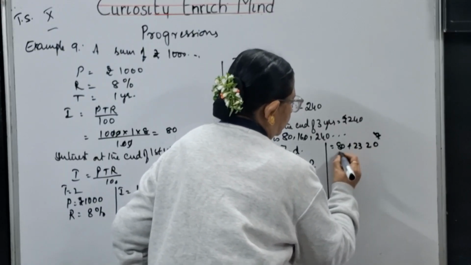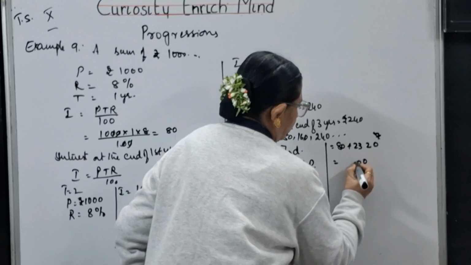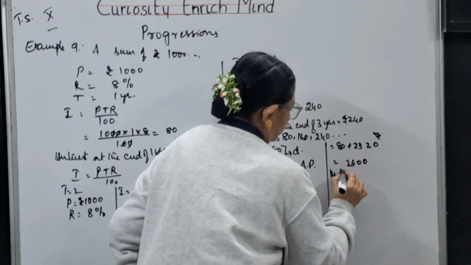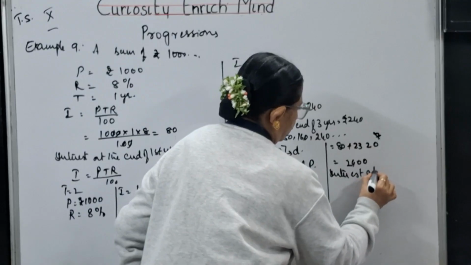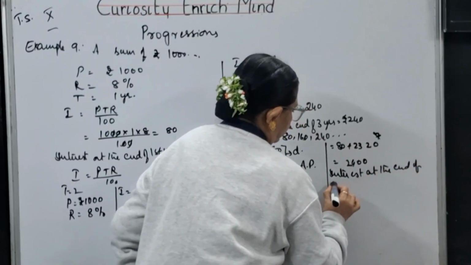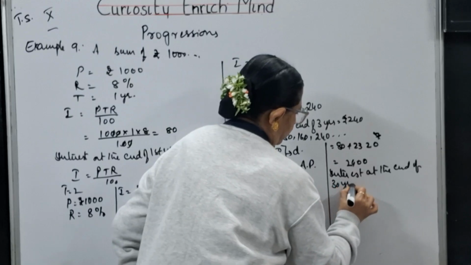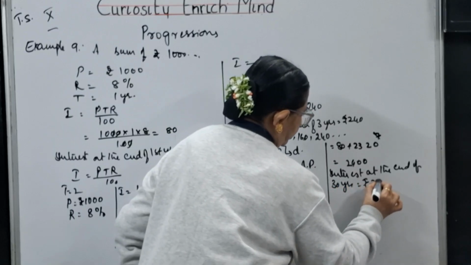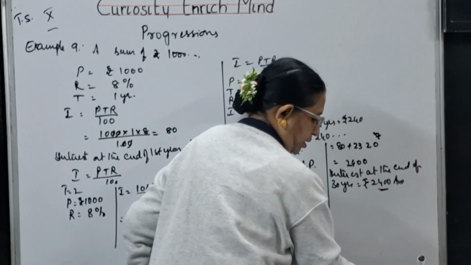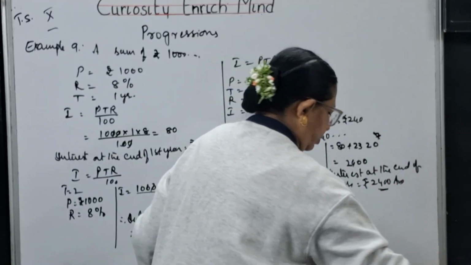So how much are you getting, children? 2400. So interest at the end of 30 years is equal to rupees 2400. This is the answer, children, for this problem.